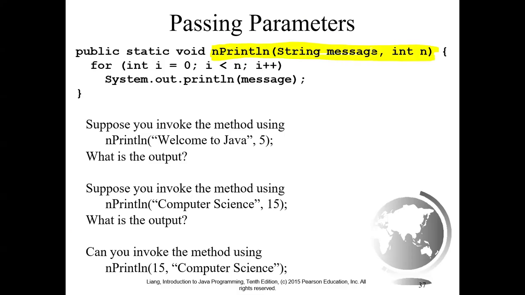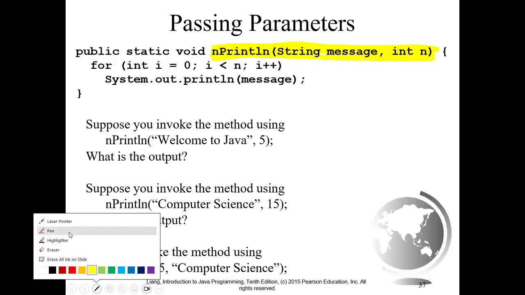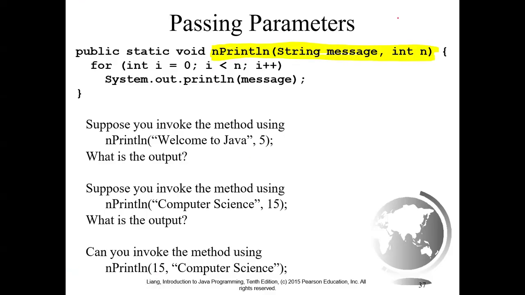We say printLine, string message, int n. They are the method signature, right? The name with the parameters. These two things together make the method signature.